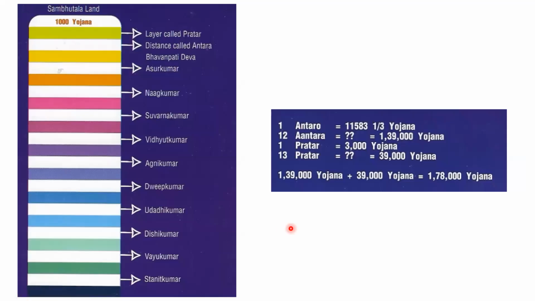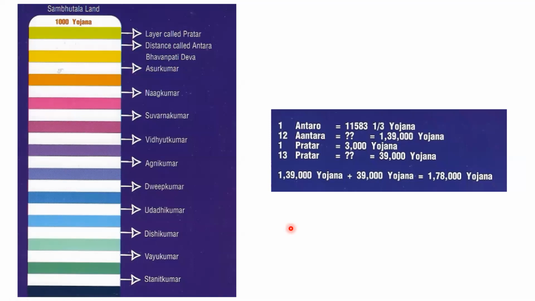So let's see the structure of the first Narkavas. We saw in our last class that the first Narkavas is 180,000 yojans. If you leave out the first 1,000 yojans and the last 1,000 yojans, the middle 178,000 yojans is divided into 12 sections. Each of these sections is known as Antra, and each Antra is 11,583 yojans.